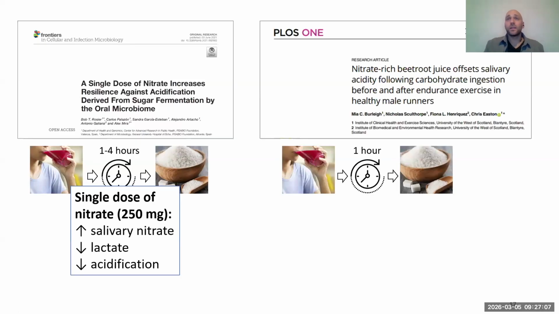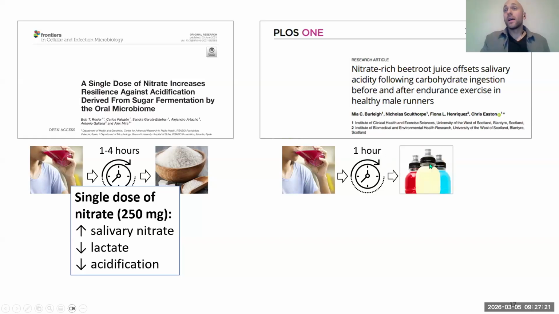And then in another study by researchers in Scotland, who are also our collaborators in other studies, they gave a beetroot extract to individuals and then waited for 1 hour and then gave them sugar in the form of sugar-rich sport drinks. And these decreased the pH.